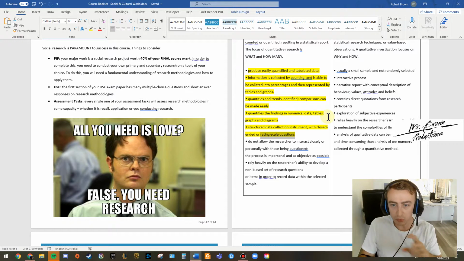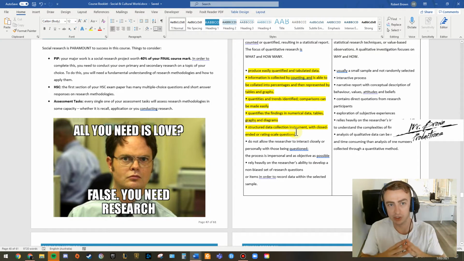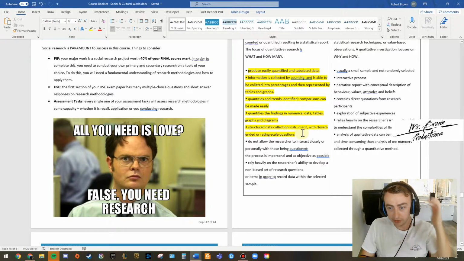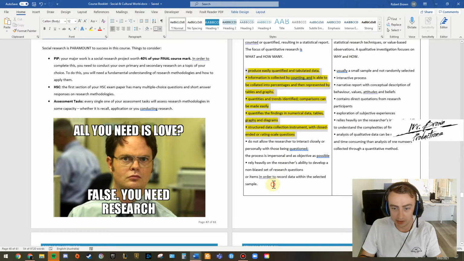So rather than just getting a yes or no answer, you can get the degree to which someone agrees with something. That's what they mean by a data collection instrument. It's not just about yes or no and specific numbers. You can actually gauge and go a bit more in depth by having a scale. So that's another strength. So they're the strengths, in yellow.